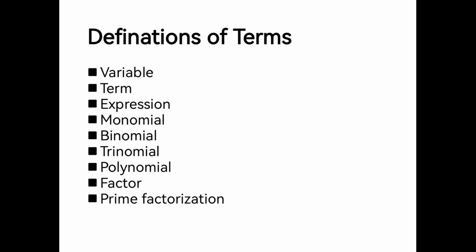Variable. A variable is a letter that is used in place of a number that is not yet known. Term. A term is letters and constants joined or separated by multiplication and division.